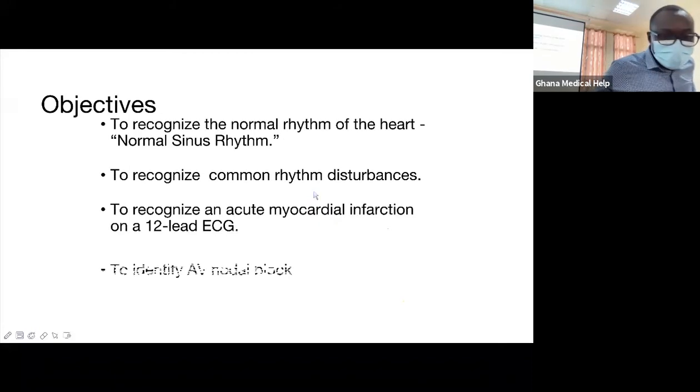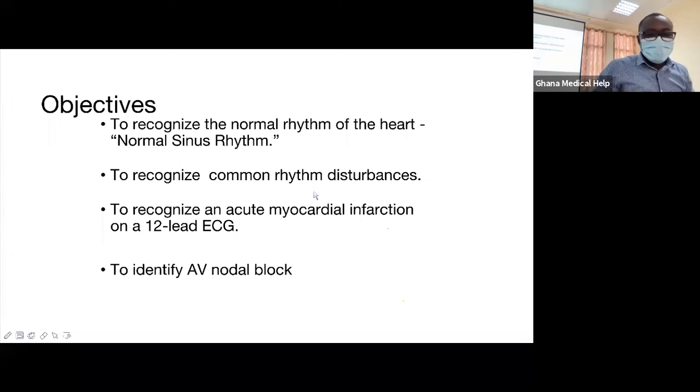So today we're looking at ECGs. It's going to be an interactive session for those who are in-house. The objectives are to recognize the normal rhythm of the heart. Of course, most of us, when we hear about ECGs, we run away because it brings a lot of palpitations, even to the one who is supposed to interpret, if you don't understand.